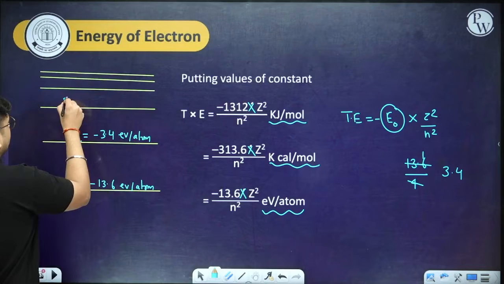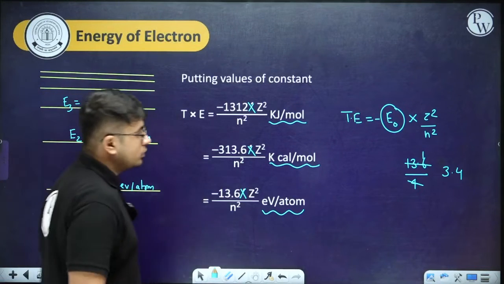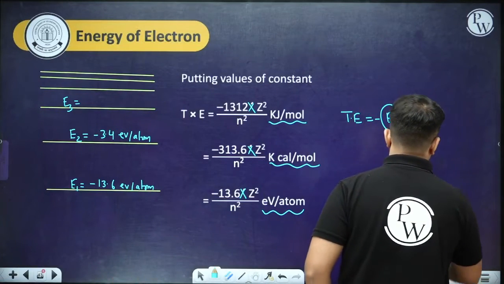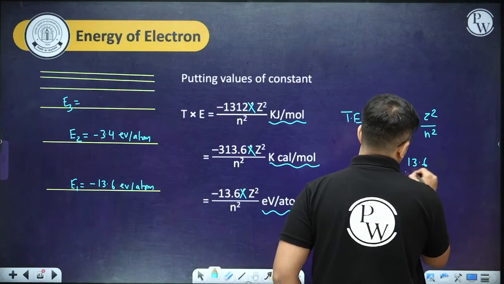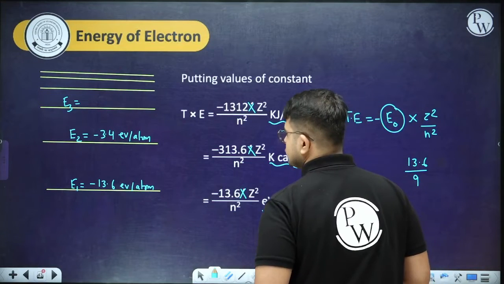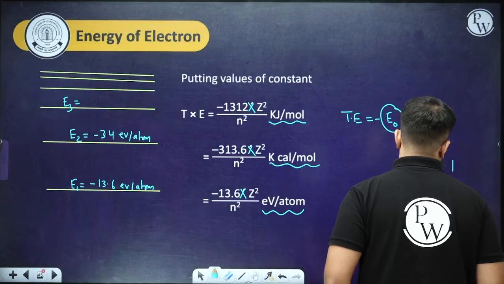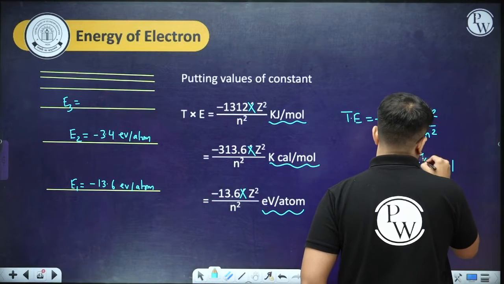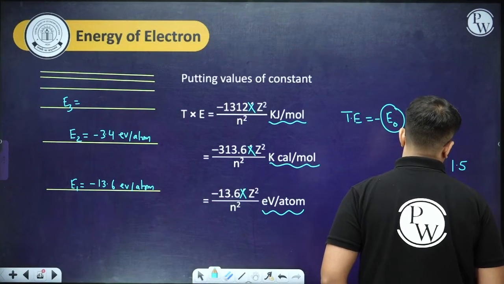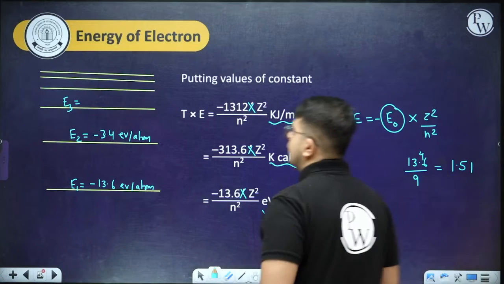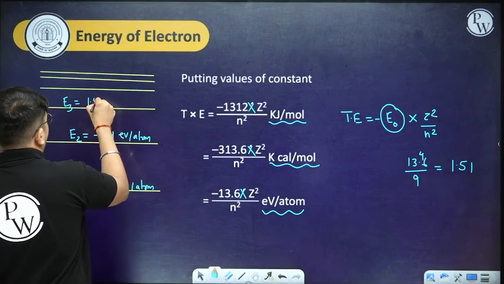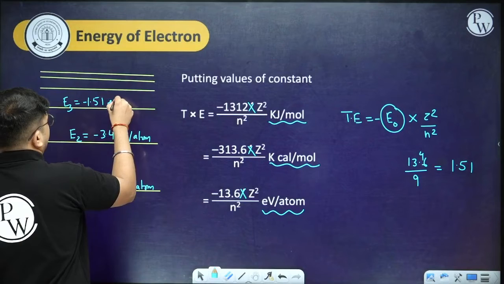If I talk about the value of E3, again you solve it as 13.6 divided by 9, 3 square is 9, which is approximately 1.51, so minus 1.51 electron volt per atom.